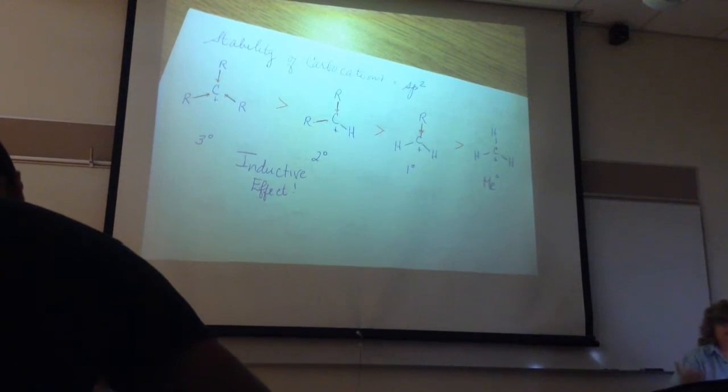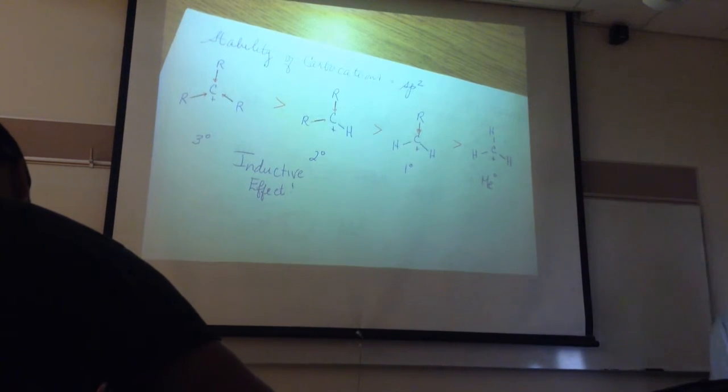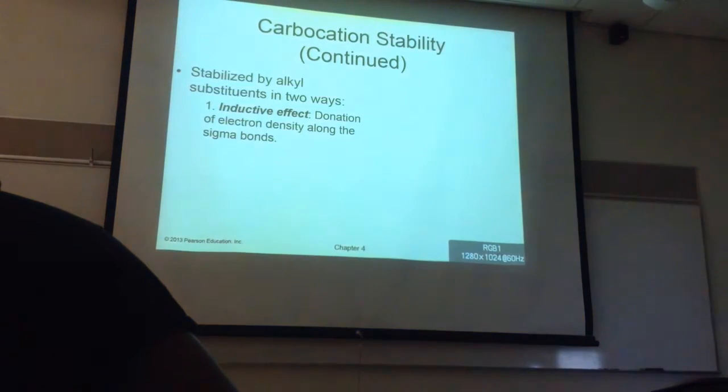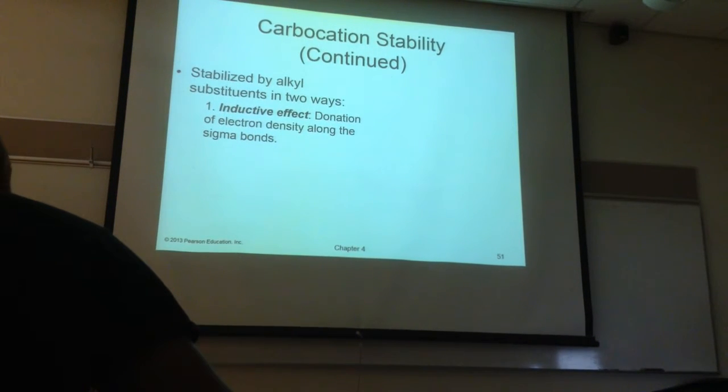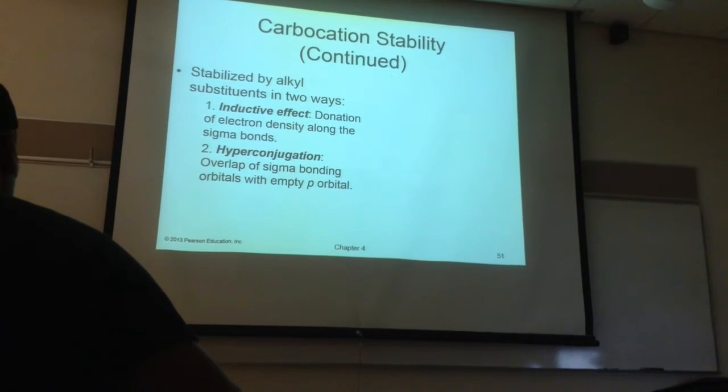The radical is electron deficient, right? The radical really, really wants electrons to itself too. So the second story of why a tertiary carbocation or a tertiary radical is more stable is called hyperconjugation. Hyperconjugation is a little bit more difficult to explain.